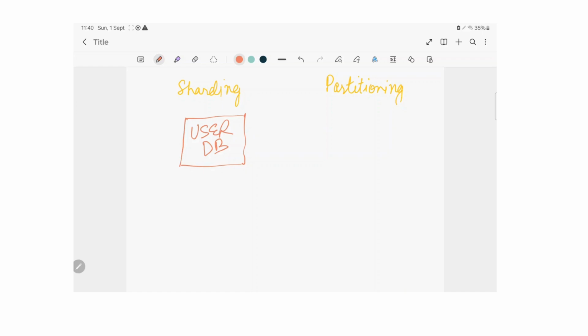So what we usually do is shard the data into multiple databases by, say, country, city, or continent, depending upon our use cases. For example, let's say we are dividing it by country.